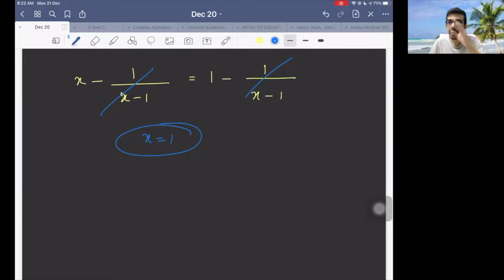Of course, you can cancel off 1 by x minus 1 on both sides, and you are left with x is equal to 1. And you might want to think that x is equal to 1 is a solution to this equation, but there's a very big problem. Can somebody tell me what it is?